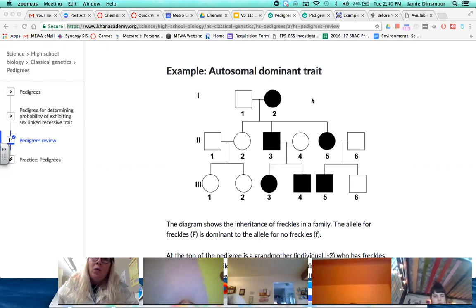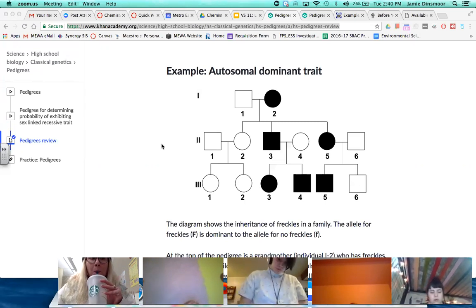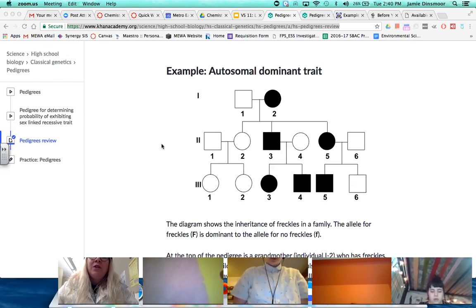Now, there's a few ways you can tell. If something is a dominant trait, you will see it in every generation. Why? Why would we see a dominant trait in every generation?